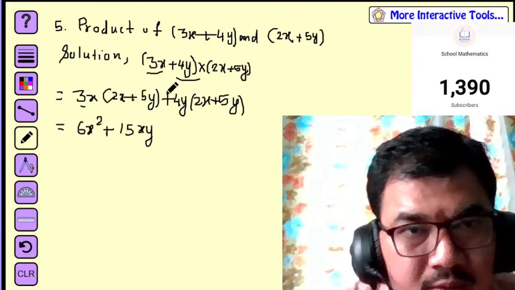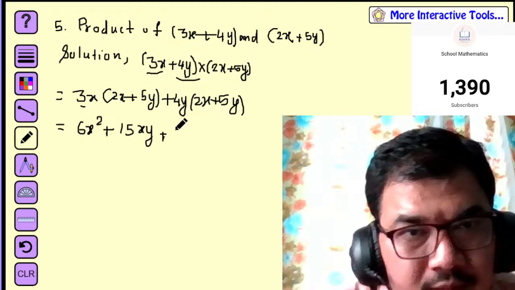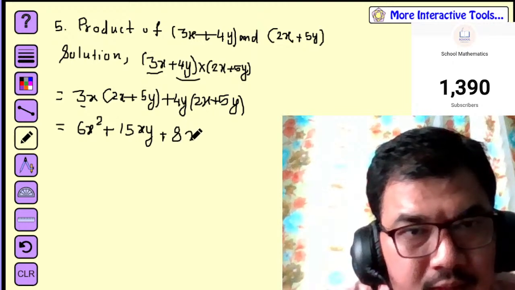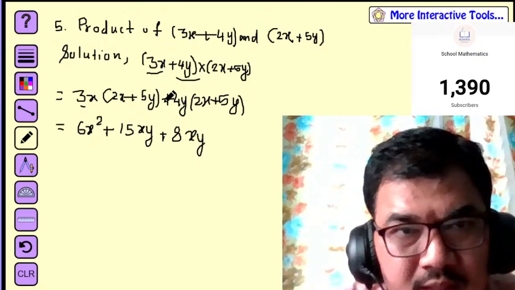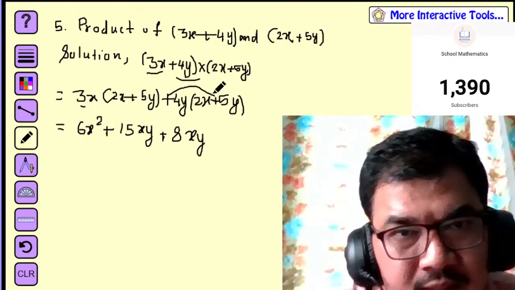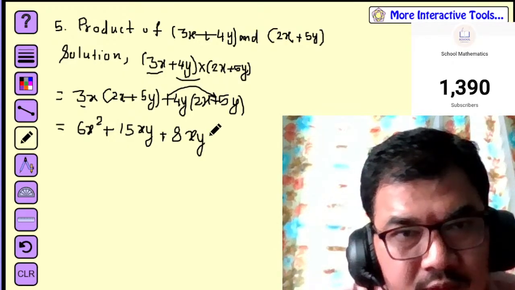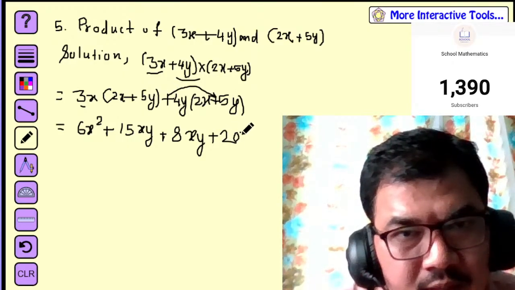Now plus 4 into 2, 4 twos are 8, then xy. And this plus, this is also plus, this sign should be multiplied. Don't forget to multiply the sign. Plus into plus is plus. 4 fives are 20, it will be 20y square.